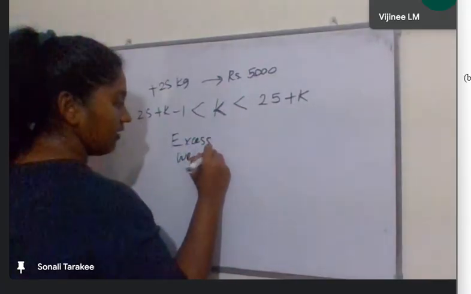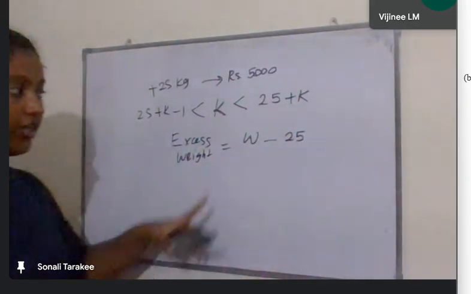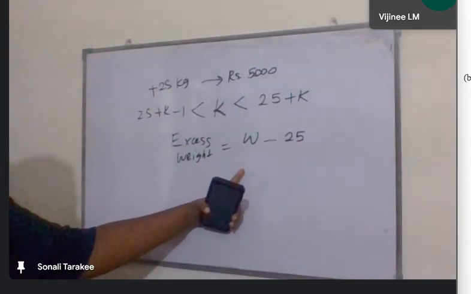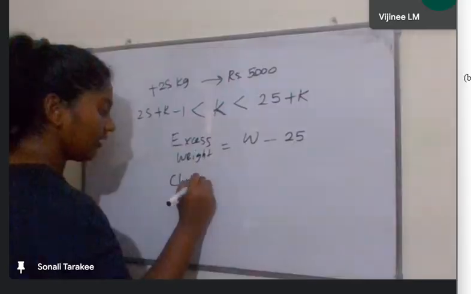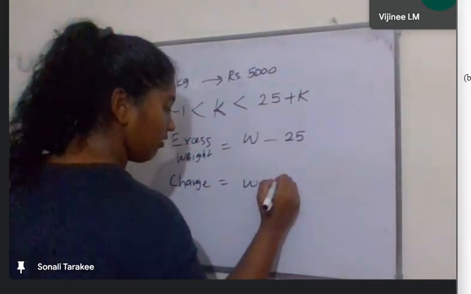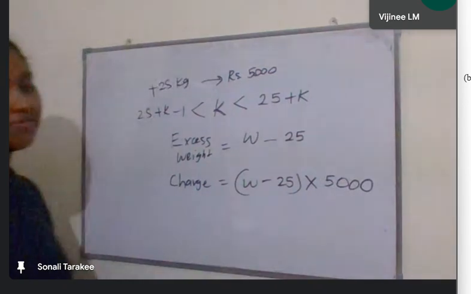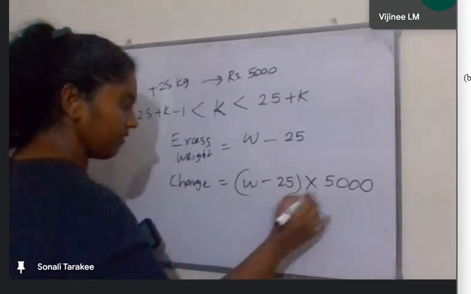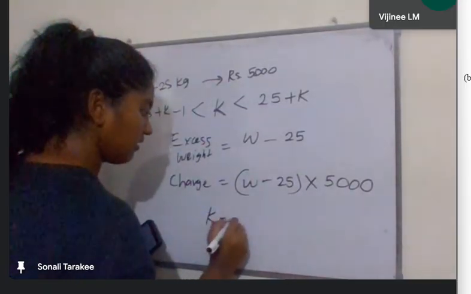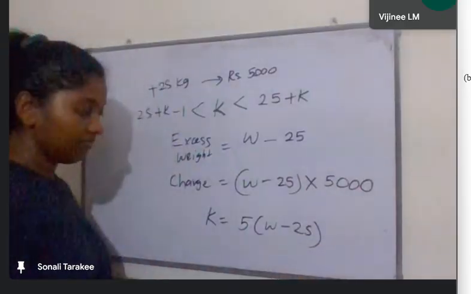Excess weight is from the weight you have, deduct 25 kilograms. Then you get the excess weight. Now the charge for this one is for each excess weight we are charging 5,000 rupees. Now it's saying that C denotes the excess baggage charge in 1,000 rupees. We can write this C equals 5(W minus 25).